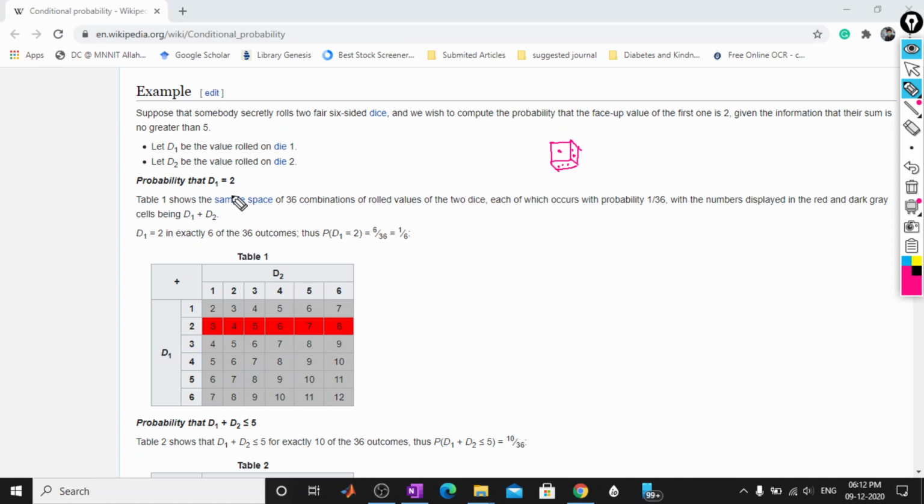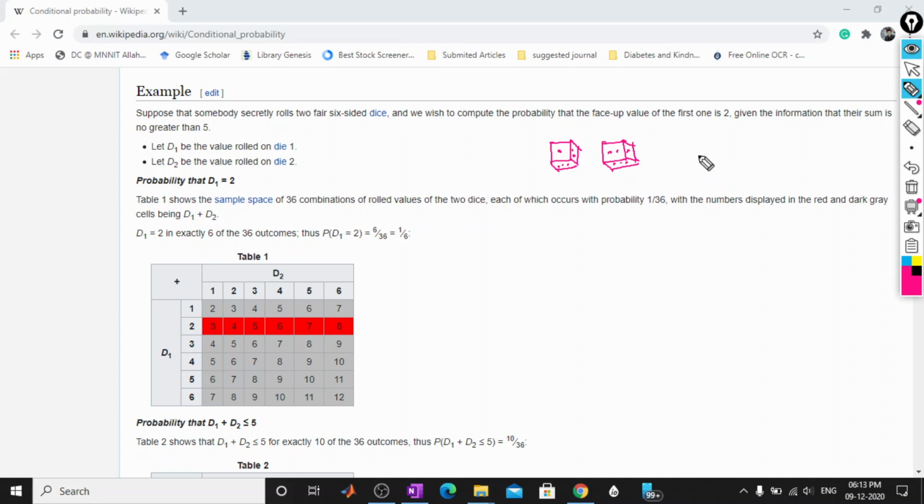Here we take two events, that is two dice of the same kind, and we are throwing these dice independently.